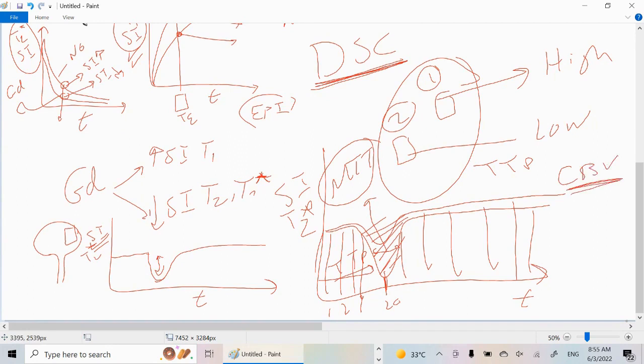From this entire area, you can see how much volume it has. It gives you your cerebral blood volume, and all these parameters are useful for diagnosis and assist us in the diagnostic process. This is perfusion explained very simply.